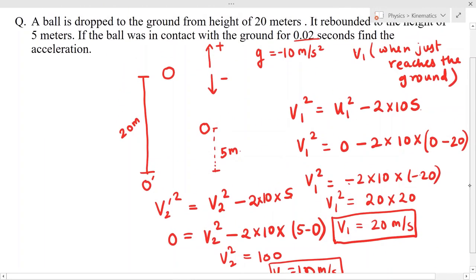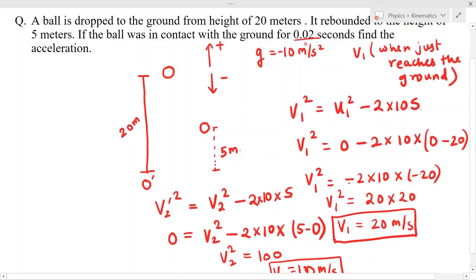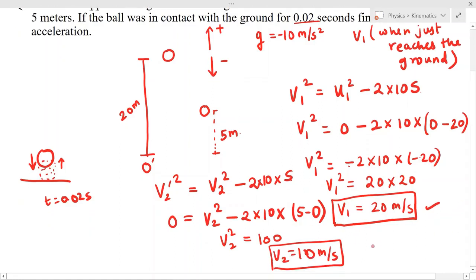Now the ball was in contact with the ground for 0.02 seconds. Let me draw a diagram over here. The ball came like this and hit the ground, and it was in contact with the ground for 0.02 seconds, and then it changed its velocity upwards. It was coming down with this velocity v1, and after 0.02 seconds, in that time span, it changed its velocity to 10 meters per second in the upward direction.